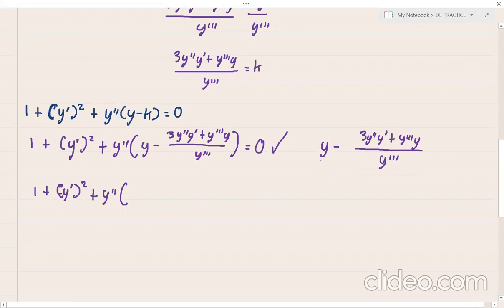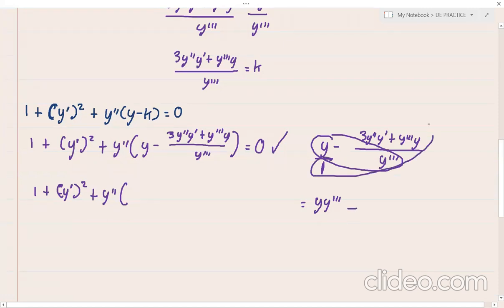So we can use butterfly technique here. Since si y isa siyang whole term, we can have a denominator of 1. Okay? Since kasi whole term lang siya. So, multiply y to the y third prime. So we will have y times y third prime. Tapos kopya mo yung operation sa gitna nila. So minus.